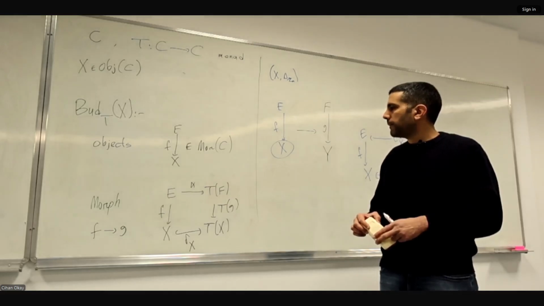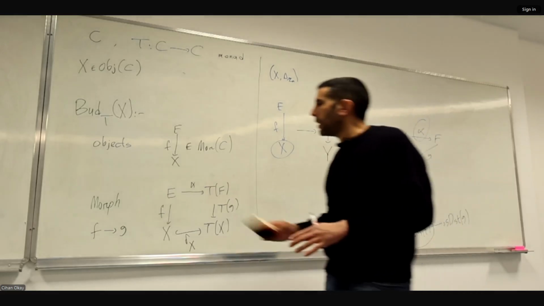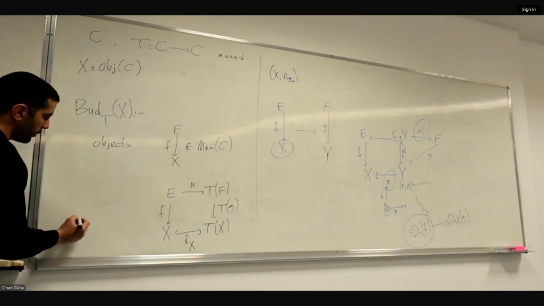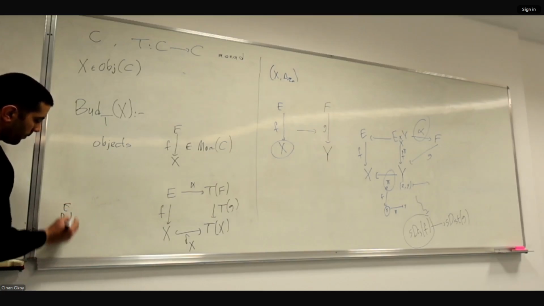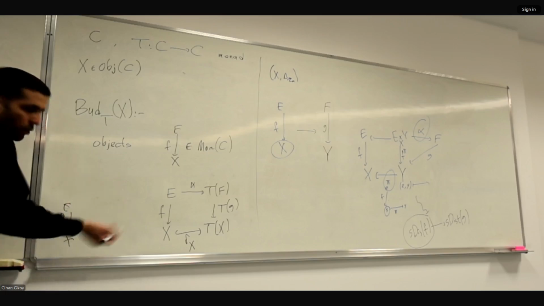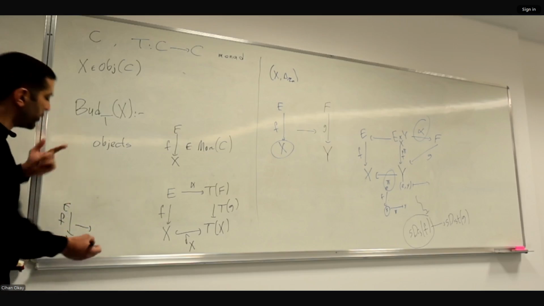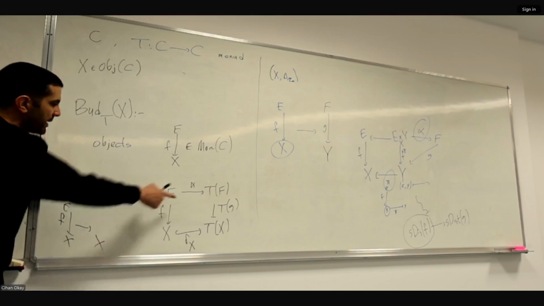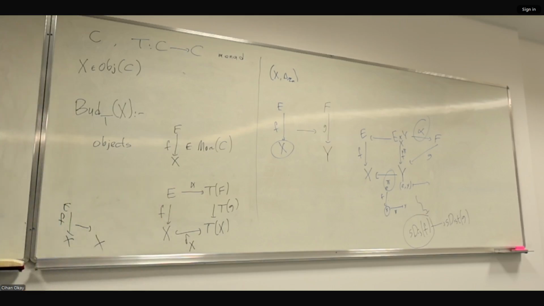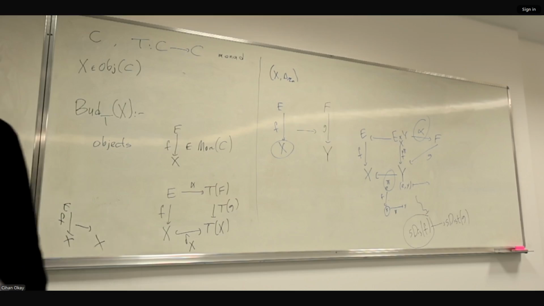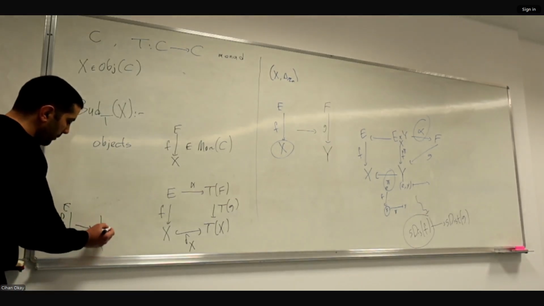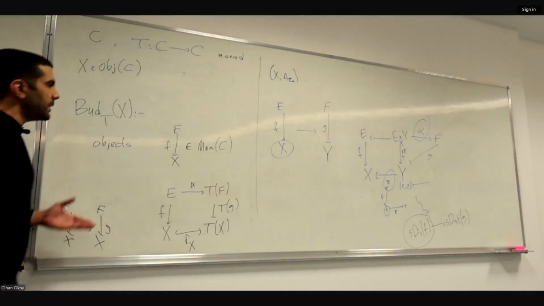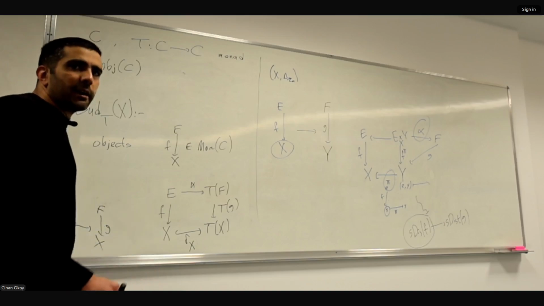Here I want a morphism from this F to TG, another object in the same category, with X fixed. It reminds you of the Kleisli category, right?